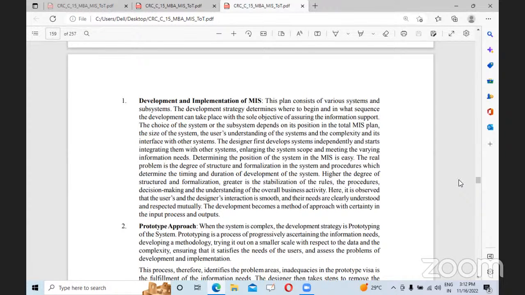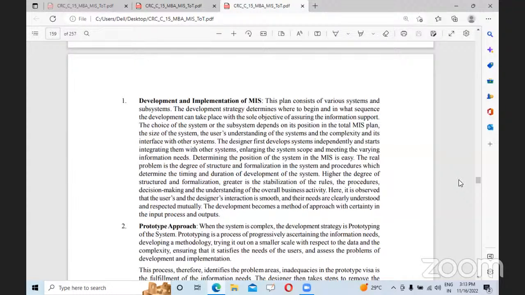The real problem in the further stage is with the structure and formalization in the system and the procedures, which determine the timing and duration of the development of the system. Higher the degree of structure and formalization, greater is the stabilization of the rules, the procedures, decision making, and understanding of the overall business activity.